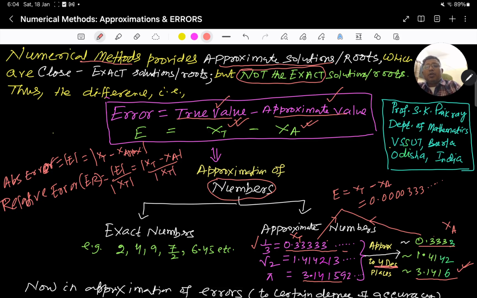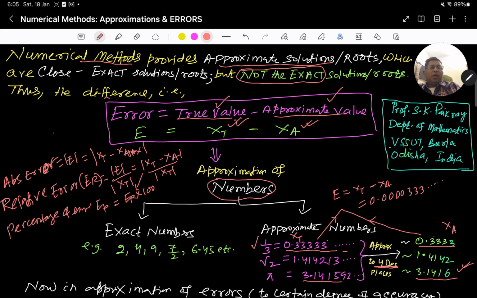Then coming to the percentage of error, I write it as EP, E subscript P. So this is ER into 100. You substitute ER from here.